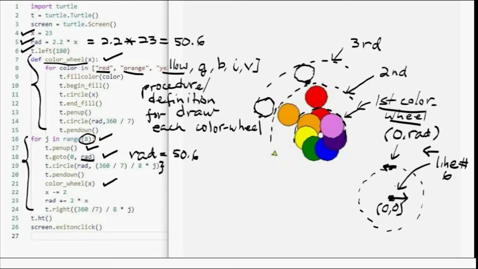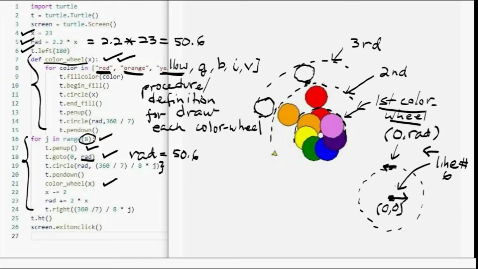If I call in the color wheel function here, then we will go to the color wheel function here. For every loop of this color wheel function, you will have a different color. You will have red for the first instance, orange for the second instance. We continue yellow for the third instance.